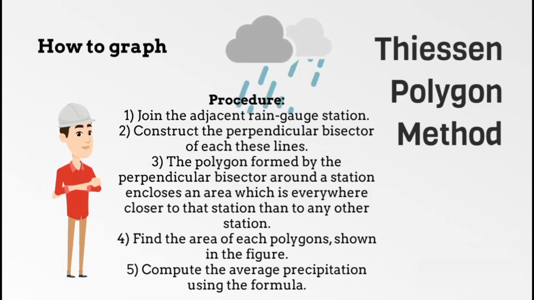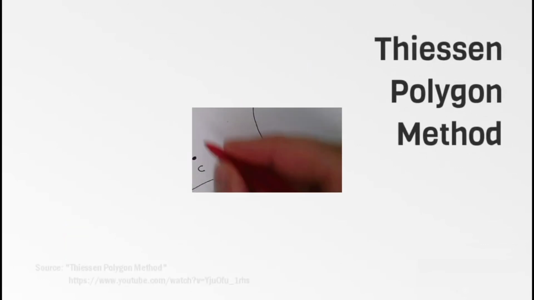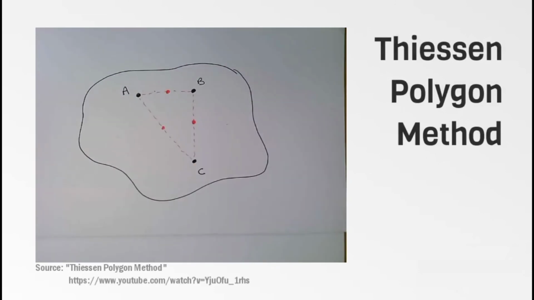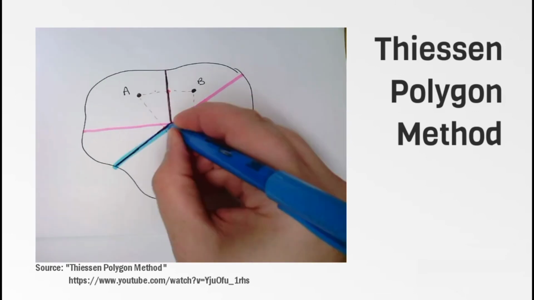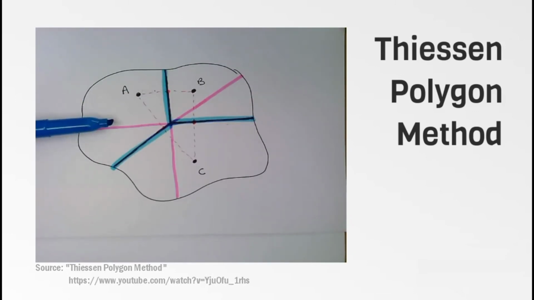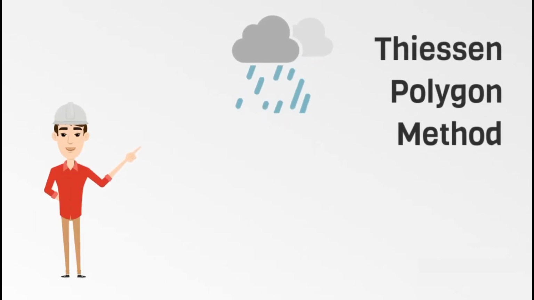Fifth, compute the average precipitation using the formula. Here's an example.